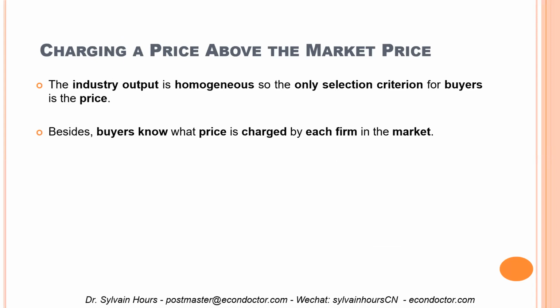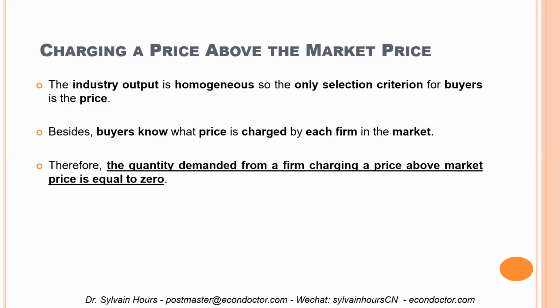And because every seller sells exactly the same product, if I try to sell my product at a price above the market price, I will face a demand of 0. Nobody will be willing to buy the product from me. Above the market price, the demand to me is 0.